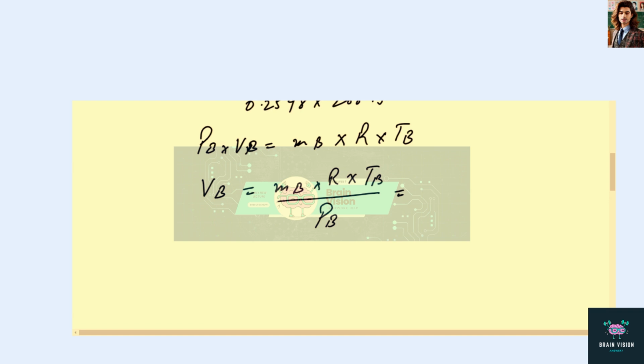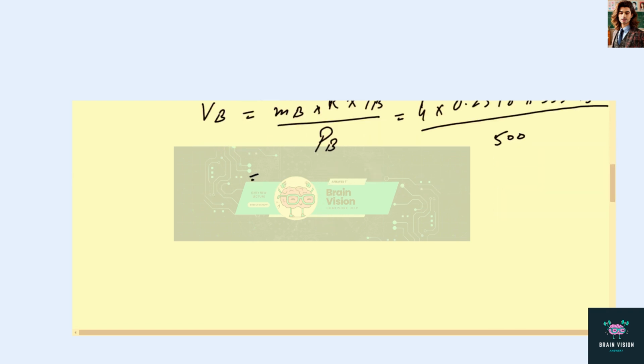Putting the values, we have 4 into 0.2598 multiplied by 333.15 divided by 500, and that is equal to 0.7 cubic meters.